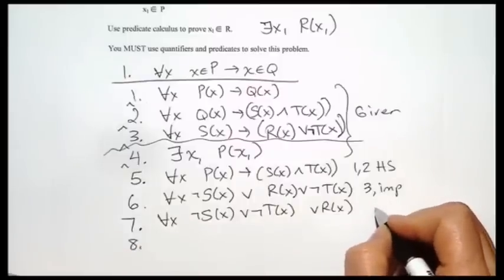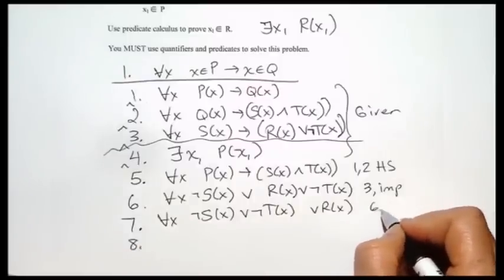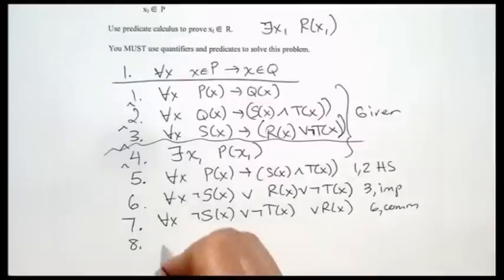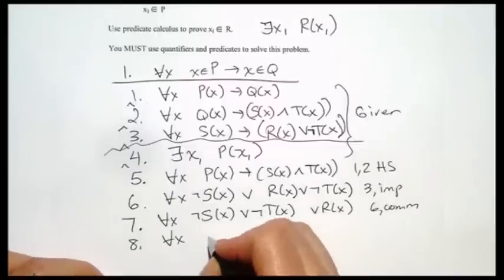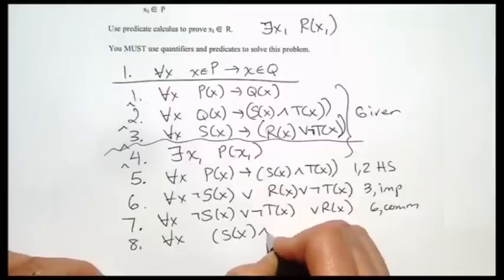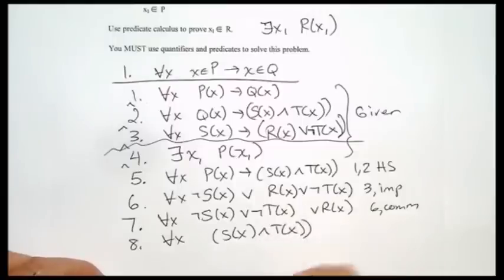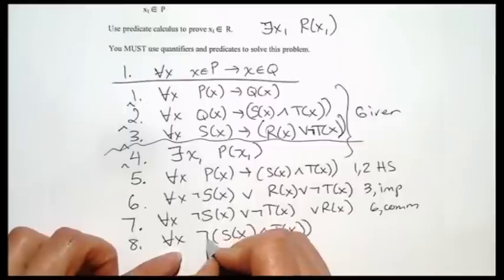And this is just commutative. And then I want to switch it back into an implication so I can do hypothetical syllogism, but I'm going to first use De Morgan's to put these together to get S of X and T of X with what outside? A not.